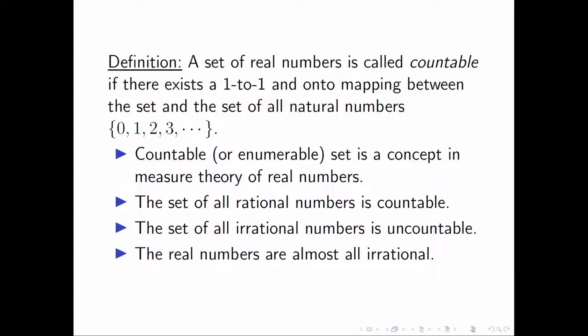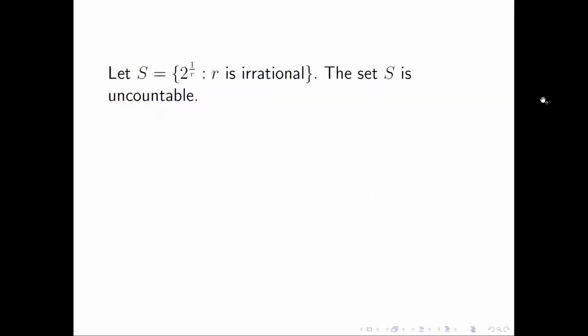As a matter of fact, the real numbers are almost all irrational. You know what I'm talking about if you learned measure theory or real analysis. Let S be a set consisting of all numbers of the form 2 to the power of 1 over r, where r is irrational.